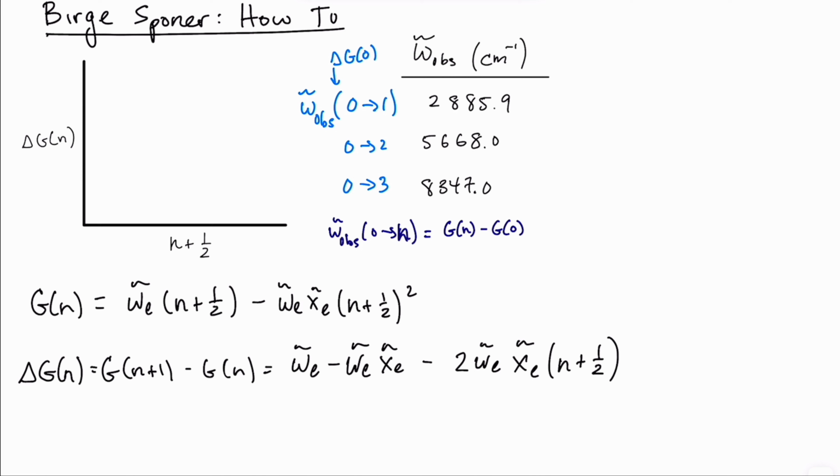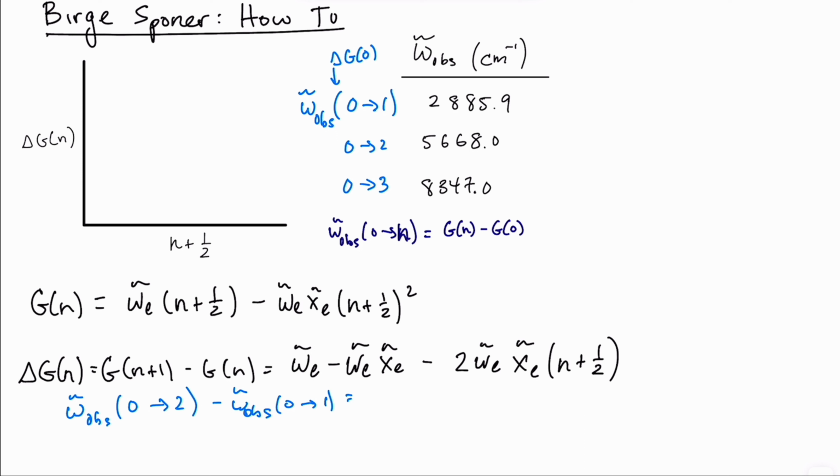Okay, so we definitely have the information, and we can get to the other ones, like 0 to 2, by subtracting two different observed lines. For example, we have omega observed 0 to 2, and then we subtract off omega observed 0 to 1.